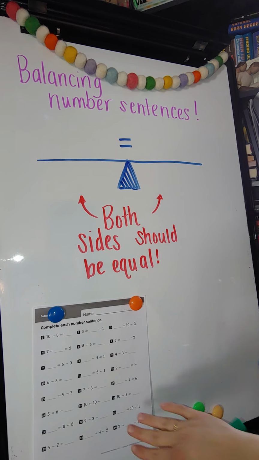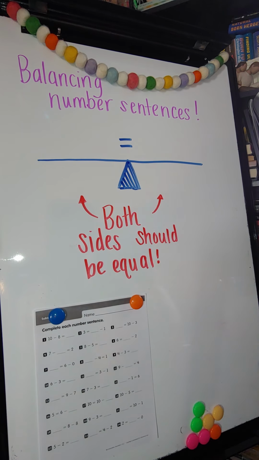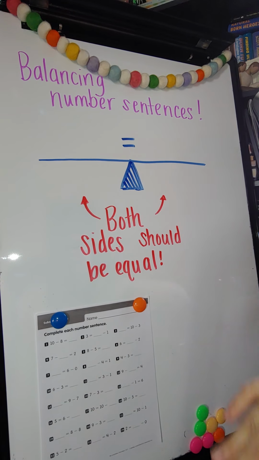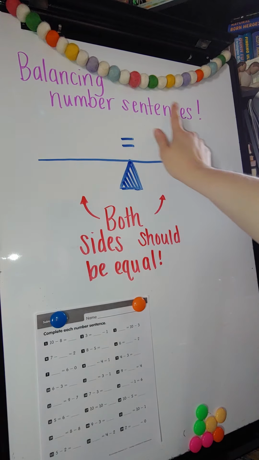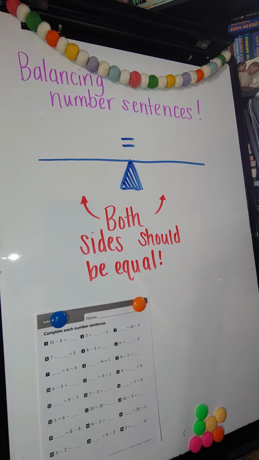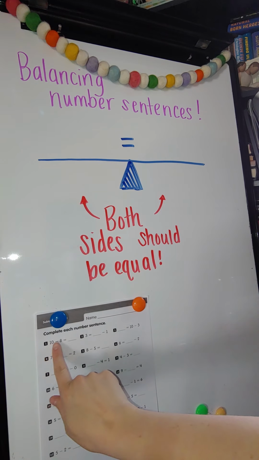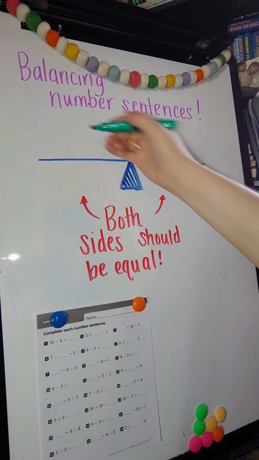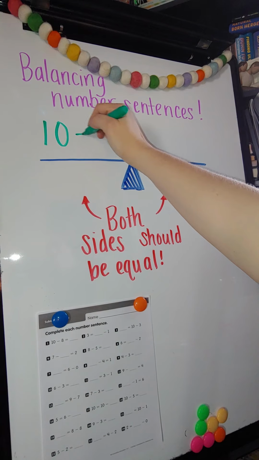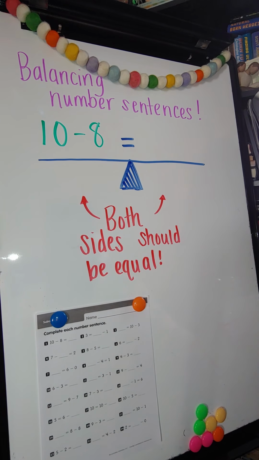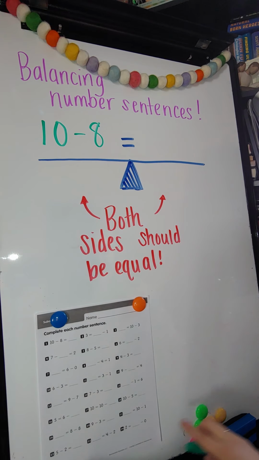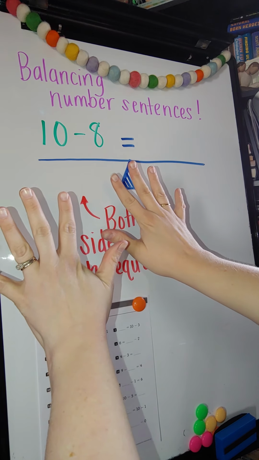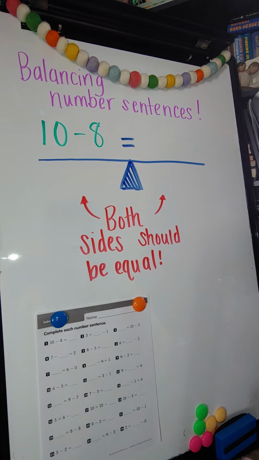So when I'm doing number sentences, one thing we have to remember is that it's kind of like a scale. So the part over here and the part over here have to be balanced. They have to have the same on both sides. So when I'm looking at something like 10 minus 8, I remember that on this side, if I do 10 minus 8, even if I do it with my fingers and I have 10 and I take 8 away, it's going to equal 2.